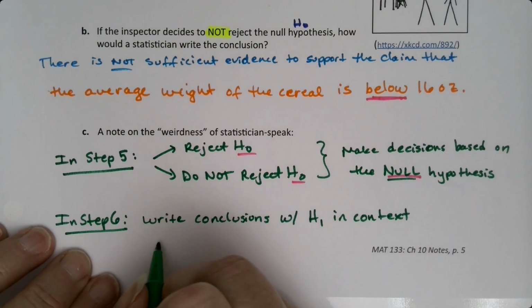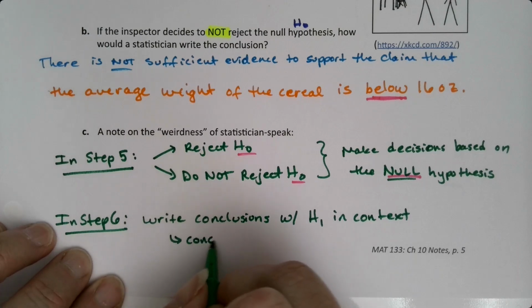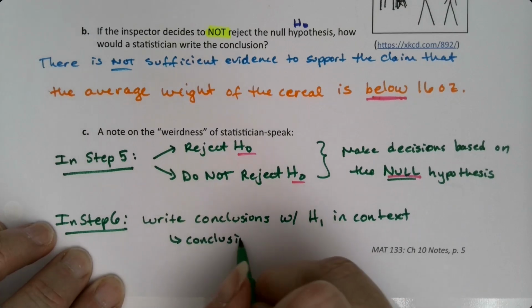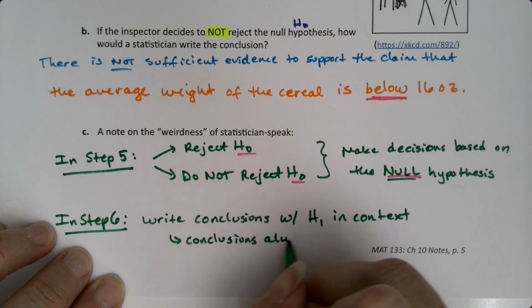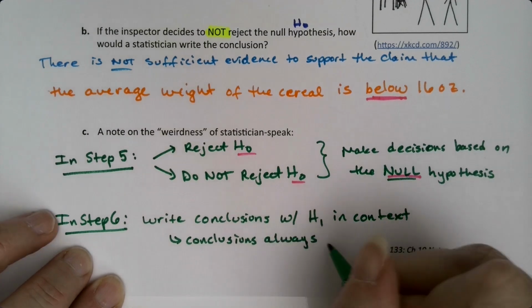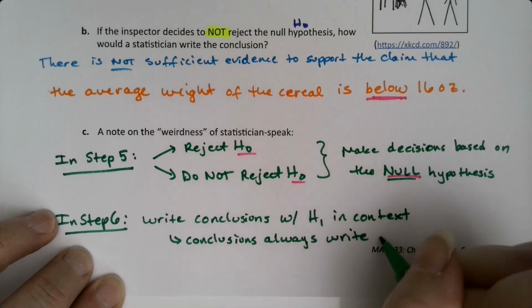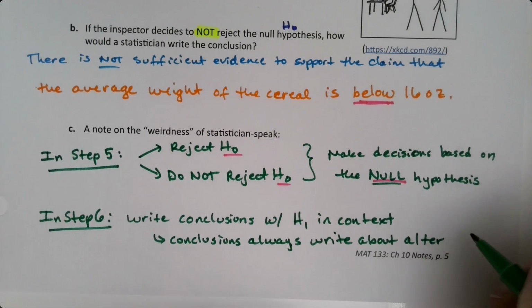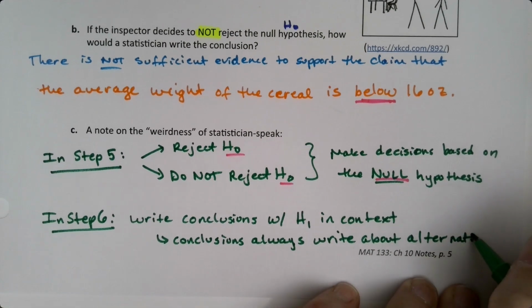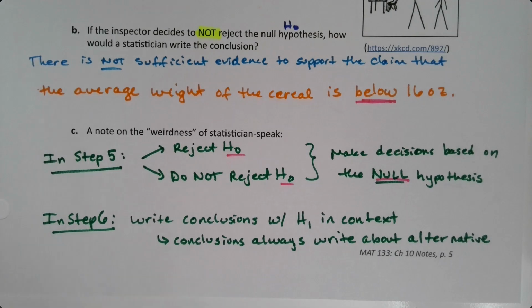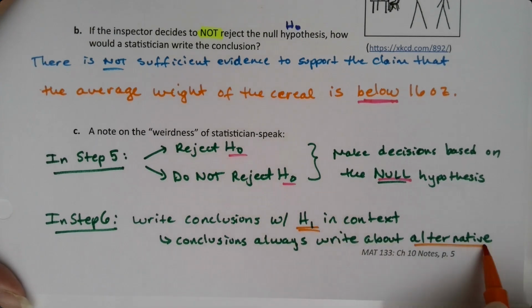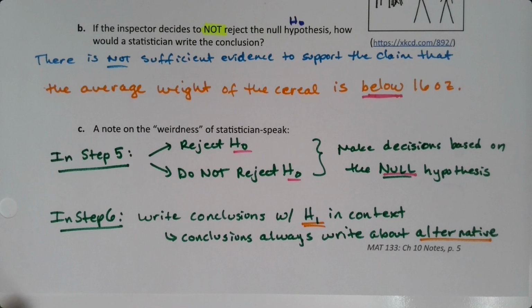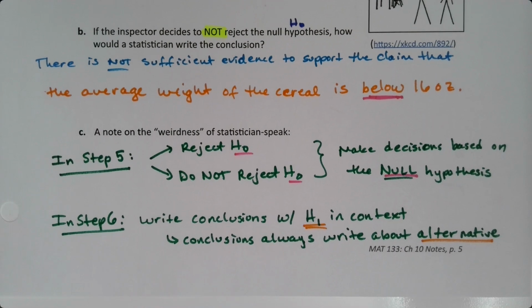In other words, the conclusions are always about the alternative. Which is a little strange because in step 5 we're making a decision about the null, but in step 6 we're talking about the H1. The H1 is always what we're talking about down here. It's a little odd, but that's the way all hypothesis tests work. So you just have to get used to it.